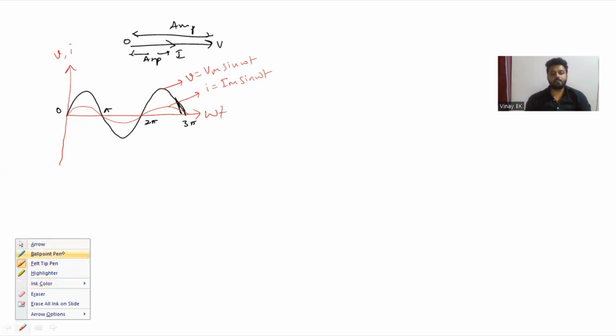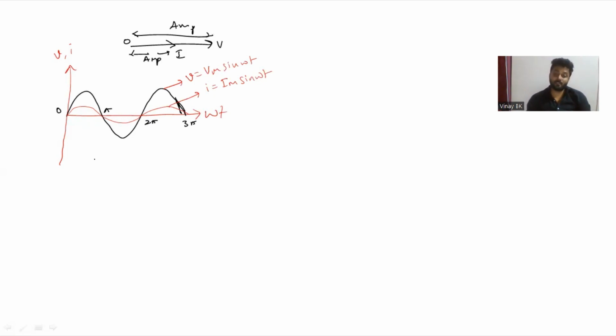The next part is the power in a pure resistor. If you want to know the power in a pure resistor, let me first define the instantaneous value of power, small letter p, which is the product of the instantaneous values of voltage and current.